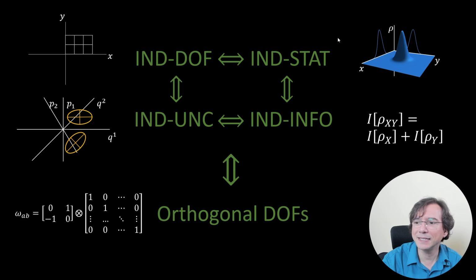Okay, so basically what we've seen is the equality of these three conditions: independence at the variable level, statistical independence, and information independence, the fact that we can have uncertainty factorizing in peak distribution. These conditions are all equivalent, and they're all equivalent to saying we have orthogonality between degree of freedom. We can decompose the system into orthogonal degree of freedom.